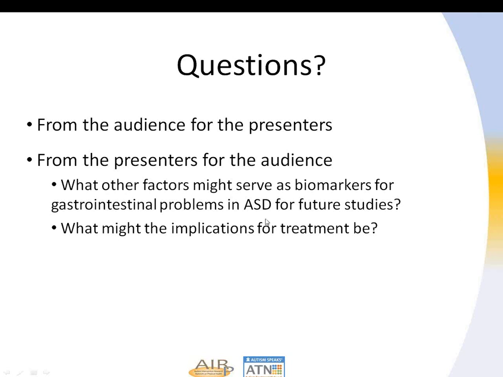And one of our audience members also posed that it could be related to sleep habits or sleep patterns, and if there's any relation with high serotonin levels and those types of issues with children with ASD. So that's a great question, and actually there's a recent paper from Thomas Bourgeron's group looking at serotonin levels and melatonin levels.